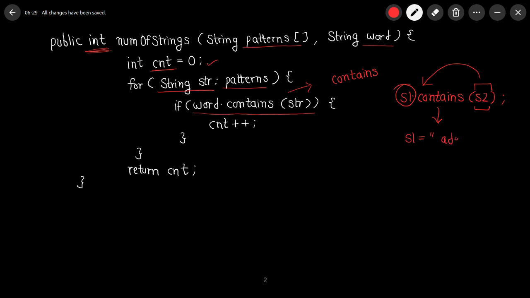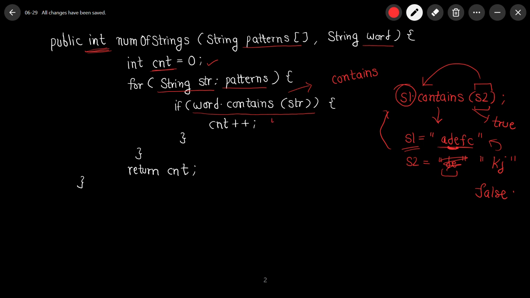Suppose we have S1 as A, D, E, F, C, and S2 is D, E. So if we call S1.contains(S2), it would check whether S2, that is DE, is present in S1. So we can see this is indeed present in S1, so it returns true. Suppose our S2 was something like K, J, then we would check it's not there in this string, so we would have returned false in that case. So I hope this is clear.